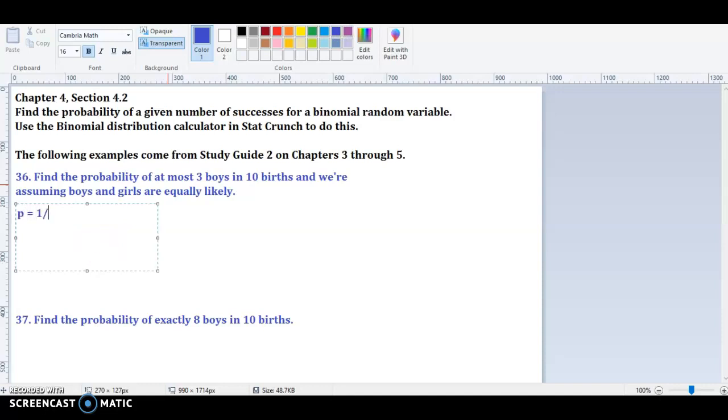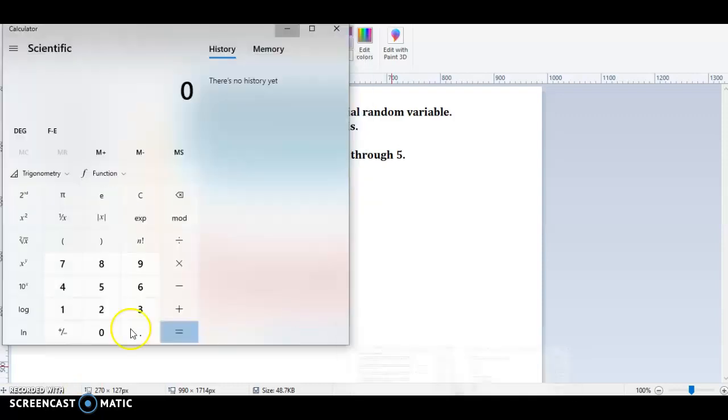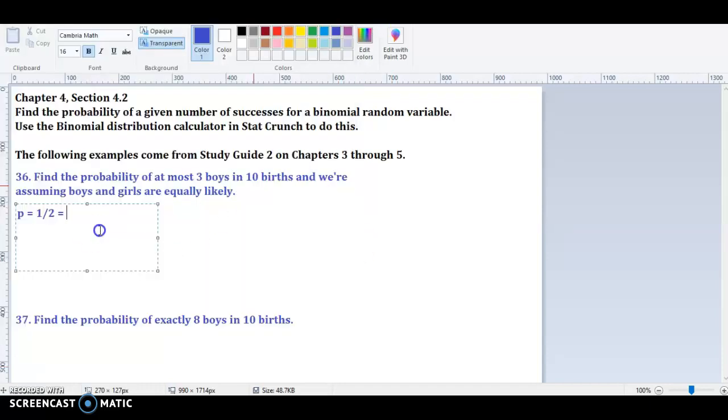Getting a boy is one of the outcomes out of 2 possible outcomes, so it's just 1 out of 2. If you want, you can put that in the calculator, 1 divided by 2, to convert it into a decimal, which is 0.5. So the probability of success is 0.5.